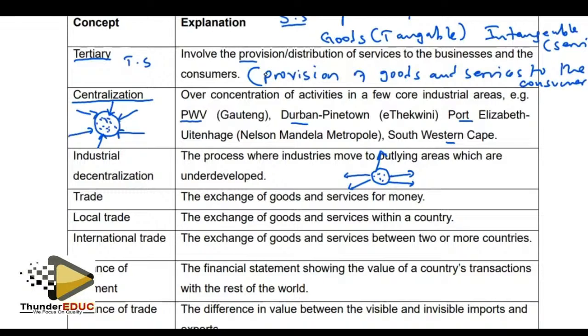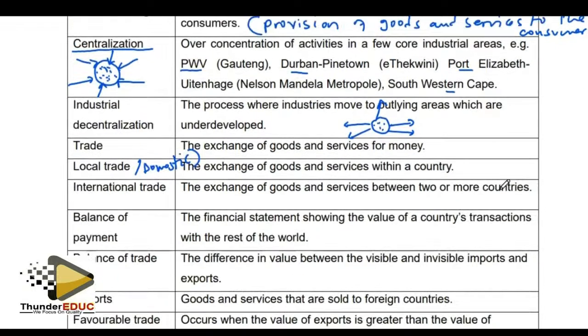Then trade, the exchange of goods for money. Like we saw, for example, if countries are dealing in export trade, they sell goods to other countries and in return they get money. In local trade, the exchange of goods and services within the country. Sometimes we can also call it domestic trade, where we are selling goods within the boundaries of the country.